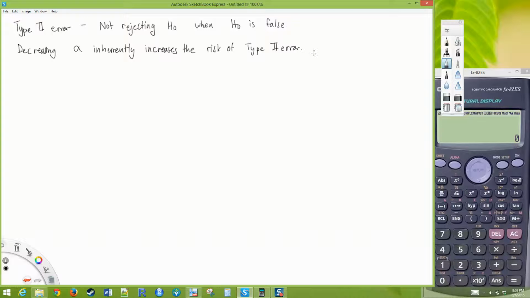Okay. And so the probability of type 2 error, we give the Greek letter beta. So alpha is the first letter of the Greek alphabet, and beta is the second letter. So that's what we have.